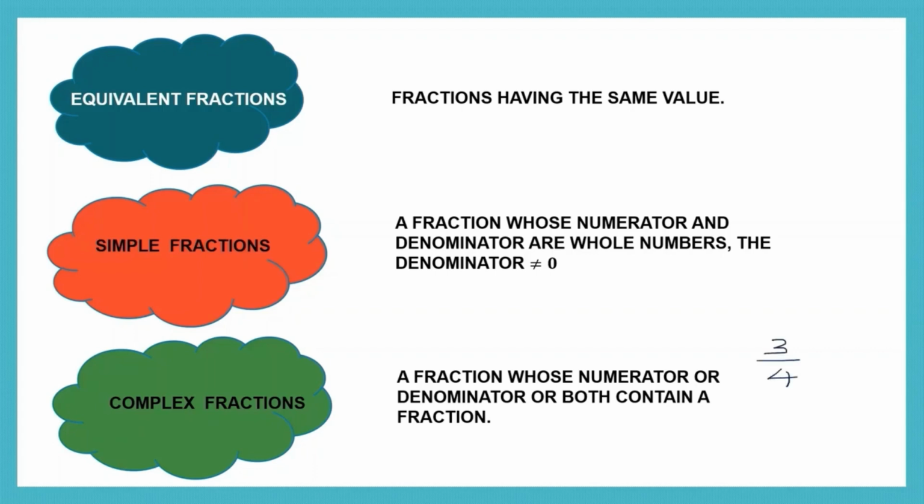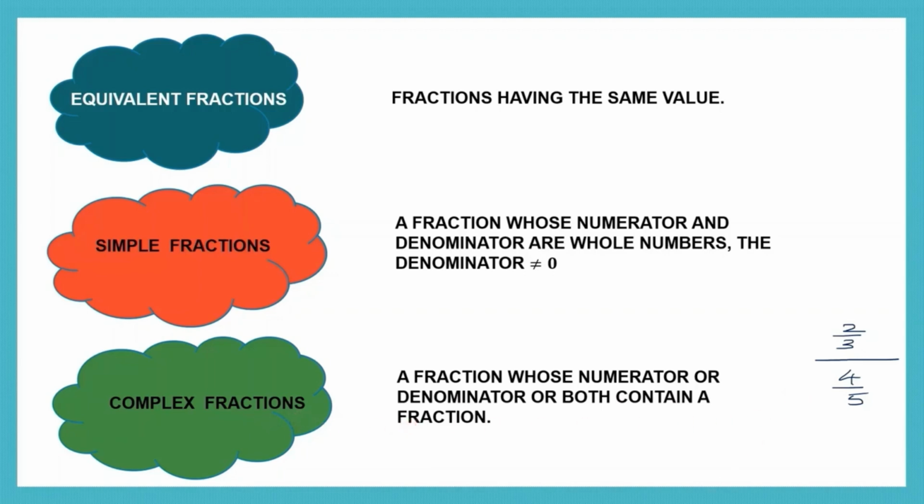The numerator is a whole number, denominator is a whole number. But if the numerator itself is a fraction, now suppose I say 2 by 3 is the numerator and the denominator is also a fraction, 4 by 5. So something like this, where you have both numerator and denominator as fractions, is called a complex fraction.